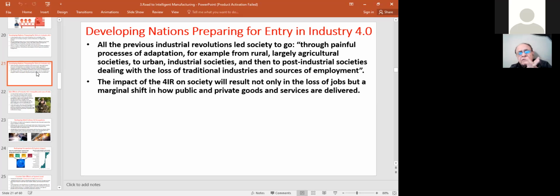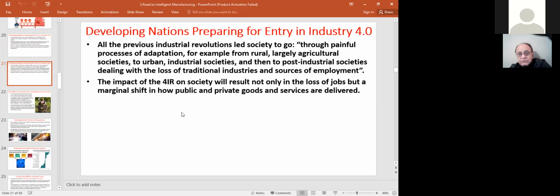Now, even in the previous industrial revolutions, the industrial revolutions which took place in the past, especially in Europe, the same adverse effects have been there. People lost their jobs, a great number of them, and this has happened in Europe in the first revolution, and in the second one, the third one.